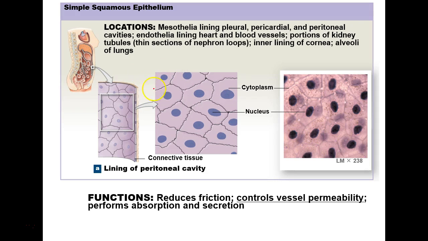Very thin layer of epithelium allowing for passage of substances in and out of the capillaries, or those very small blood vessels. This is where we see white blood cells moving in and out, oxygen moving in and out, and so forth. So the functions, we reduce friction. This is the purpose of the serous membranes. We control vessel permeability, again, allowing substances to move in or out. And then we have absorption and secretion.